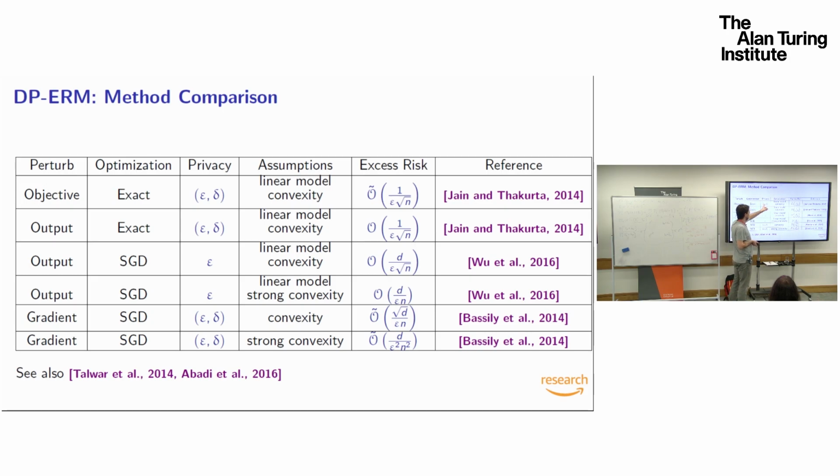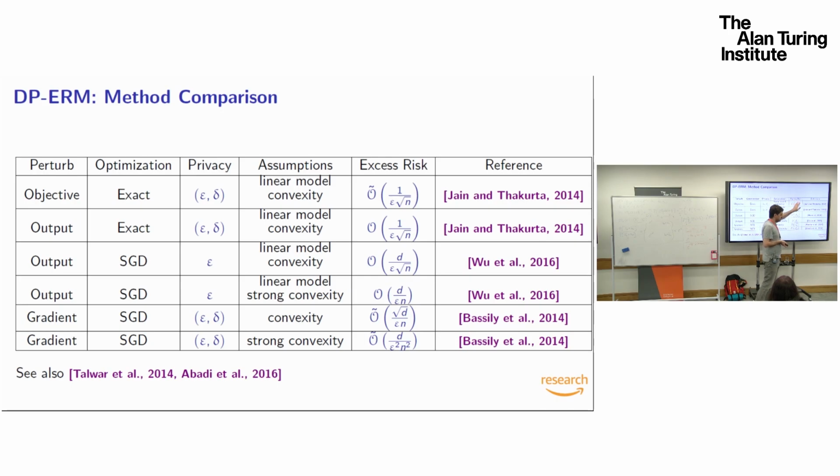Some of the results are epsilon-delta, and some are epsilon, and then you need to make some assumptions on the model. And I'm listing here only results for convex problems, because for convex problems, we know a lot about gradient descent and ERM and the solutions that we can get. And in those cases we can quantify the excess risk.